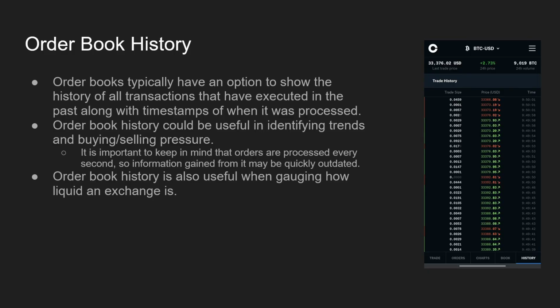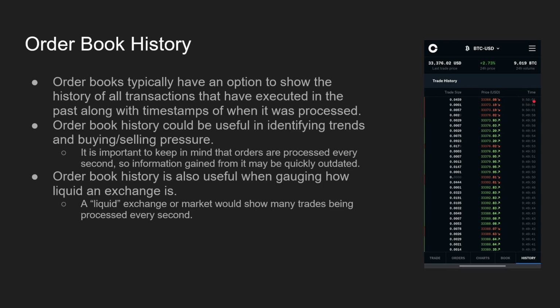Order book history is also useful when gauging how liquid an exchange is. So a liquid exchange or liquid market would show many trades being processed every second. Here's Coinbase. This is considered, I think, the second largest exchange in the world behind Binance in terms of liquidity and trading volume. So Coinbase Pro has a very large trading volume.